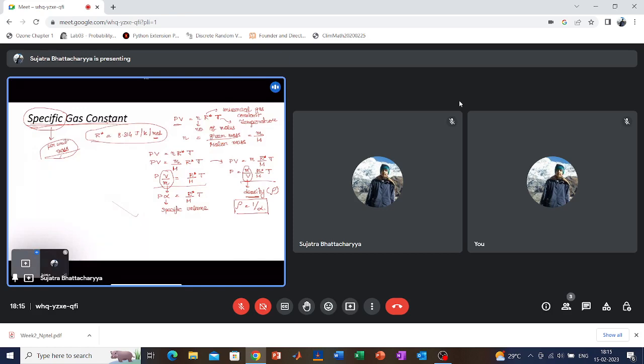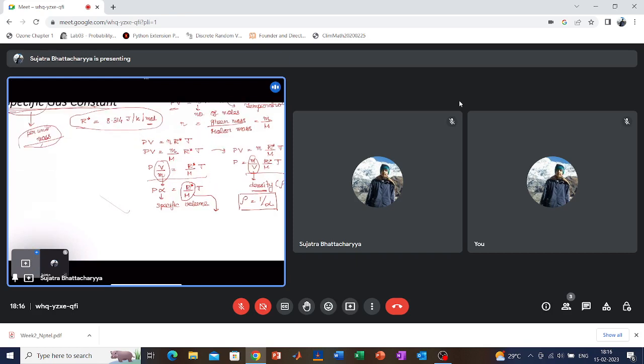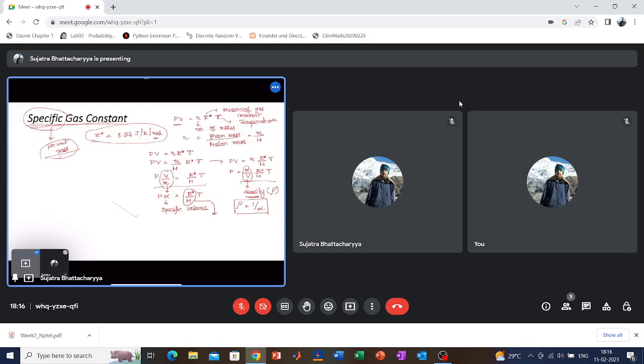Another important thing in these expressions: if you write this R star by M, it is also divided by mass. This R star by M, that is the universal gas constant R star divided by the molar mass of the gas, since it is per unit mass again, is called the specific gas constant.